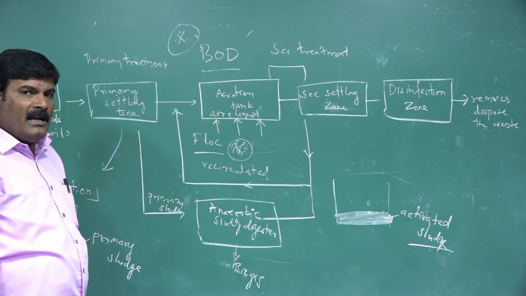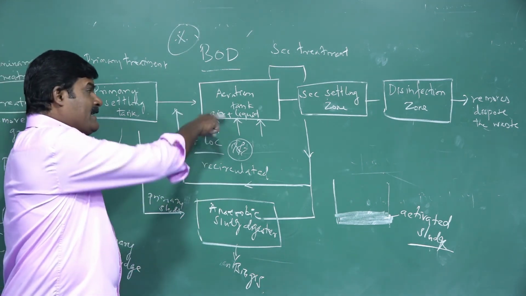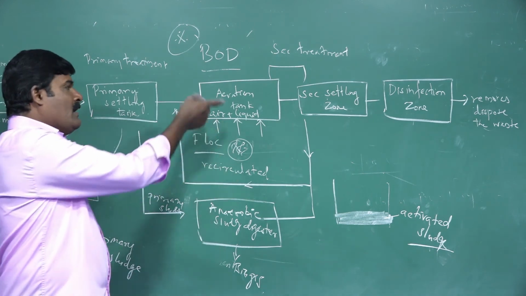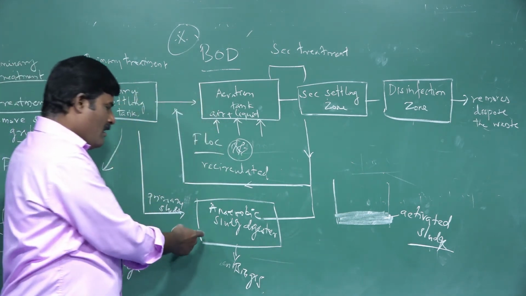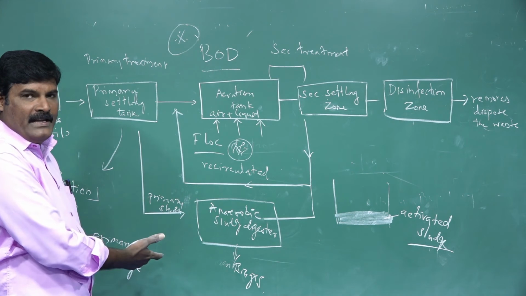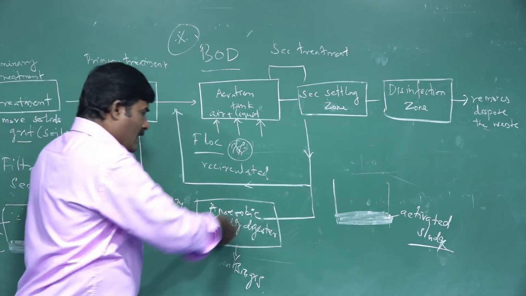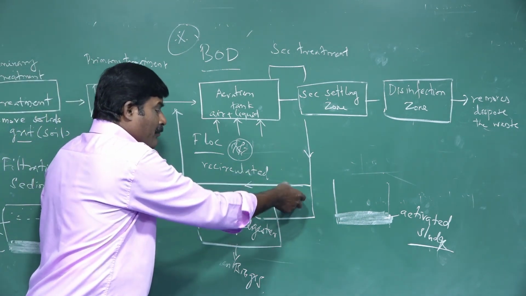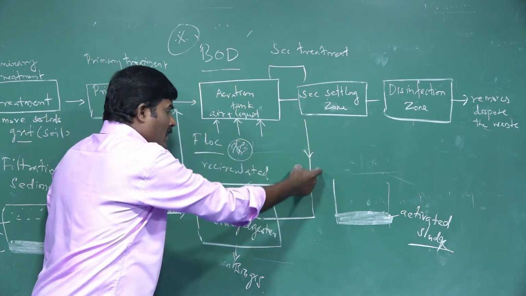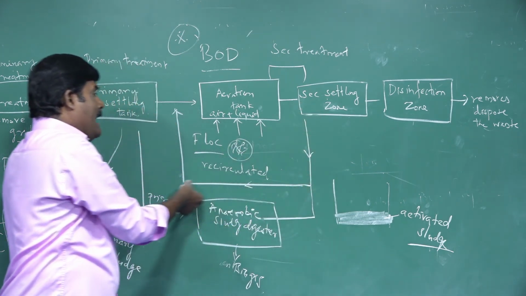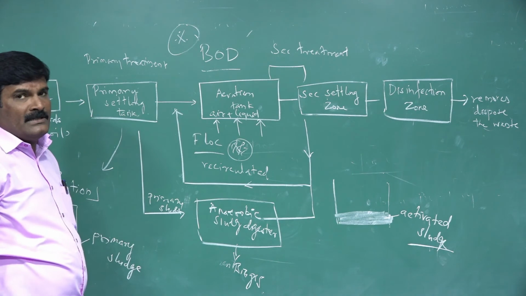What is aerobic and anaerobic? Aerobic means presence of air; the microbes use the air. Here there is no air, so it is an anaerobic digester. Before that, a small amount of the activated sludge is transferred to the primary tank, where it acts as the inoculum.